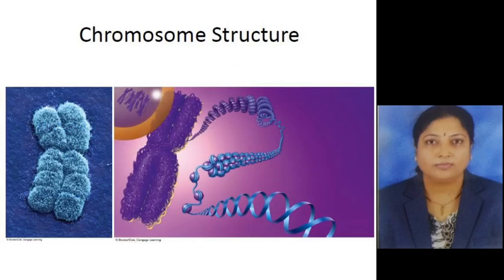Then you can see here the chromosome structure. There is the short arm of the chromosome labeled as the P arm, and the long arm of the chromosome labeled as the Q arm. The location of the centromere on each chromosome gives the chromosome its characteristic shape, and it can be used to help describe the location of specific genes.